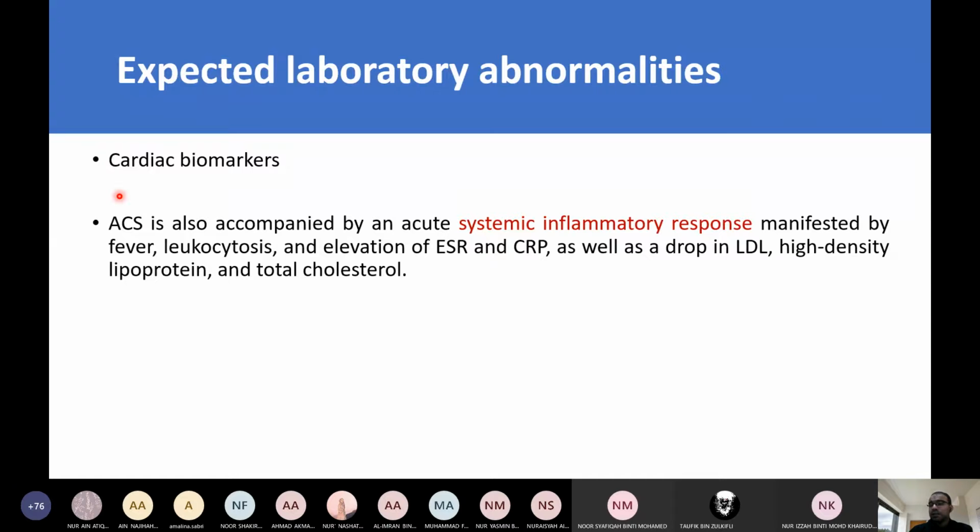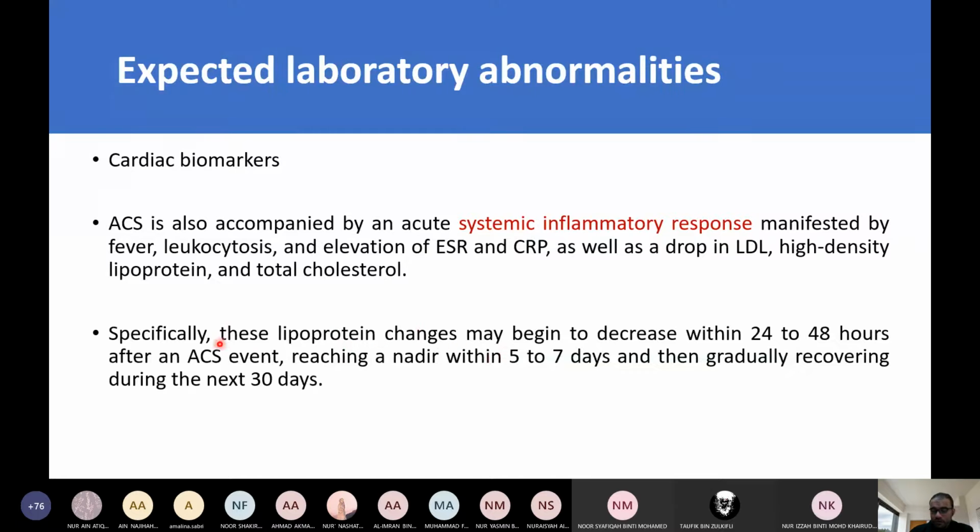And ACS, as any acute condition, will be associated with an acute systemic inflammatory response. That's why all the markers or parameters that indicate inflammation are also expected to be high, like the ESR or CRP.